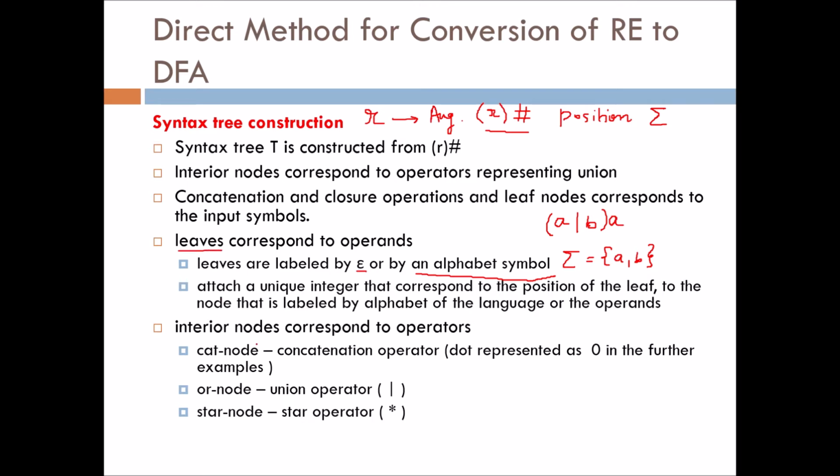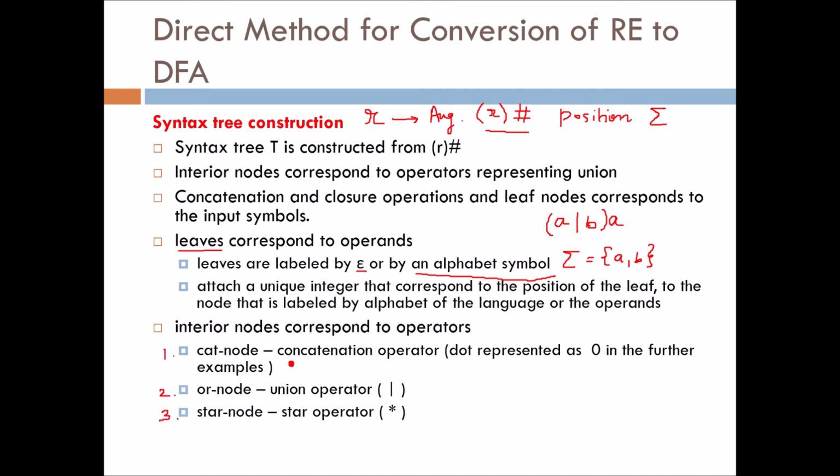The interior nodes can be one of these. Either it can be a concatenation node, also called a cat node, represented by a filled circle in the tree. Next, we can have an OR node or a union operator, represented by a vertical bar in the constructed tree.